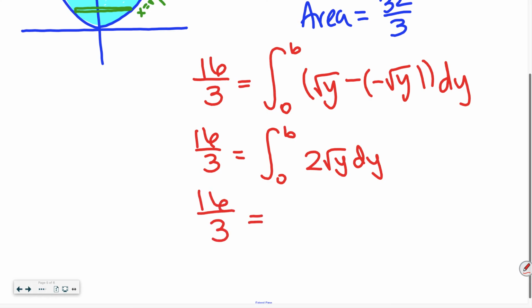Okay, so 2 radical y, that antiderivative, we get y to the 3 halves times 2 thirds.